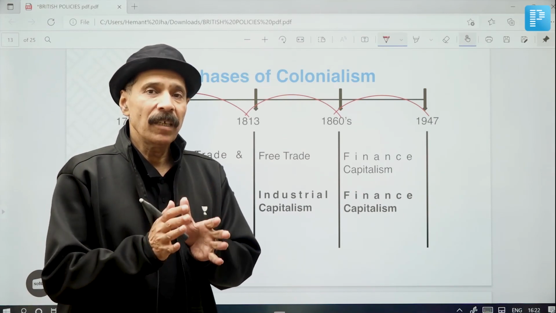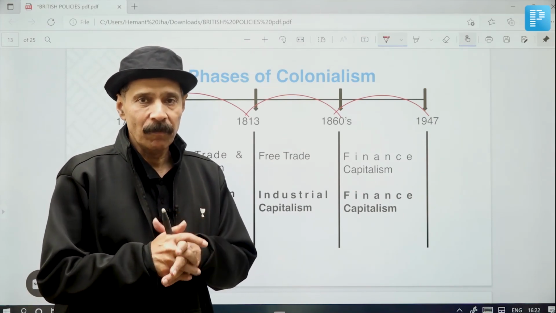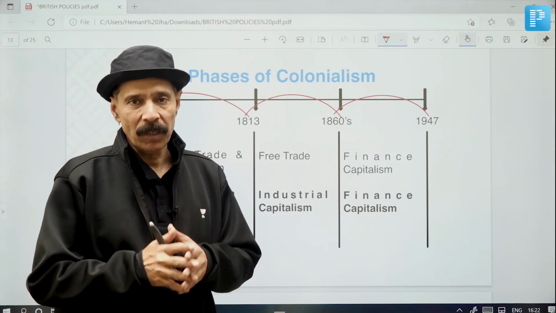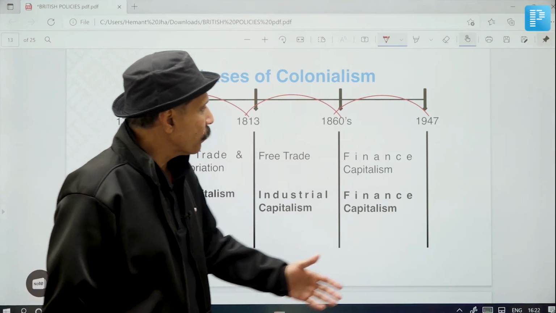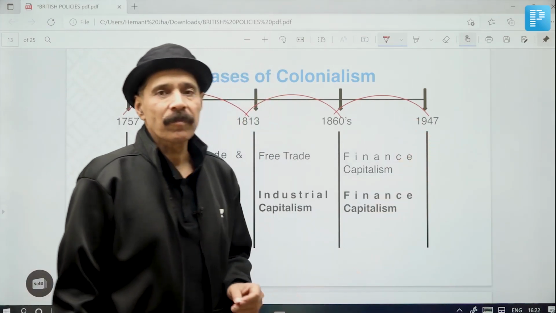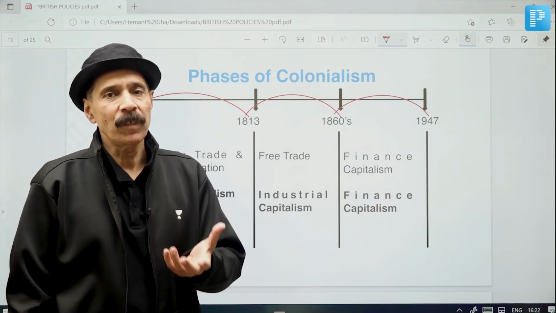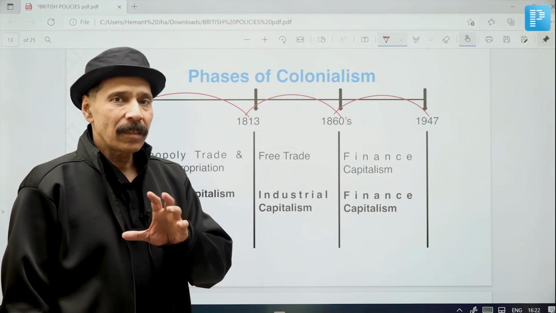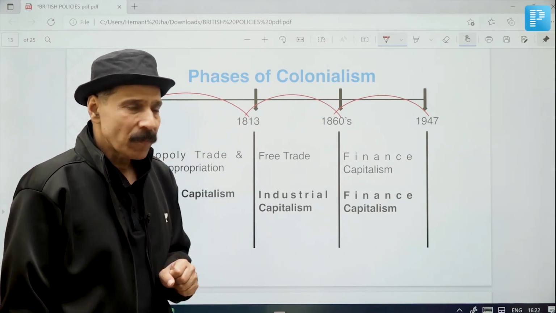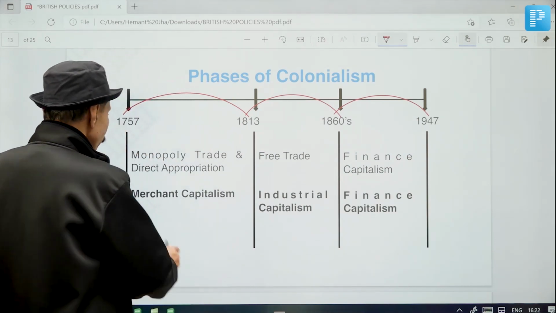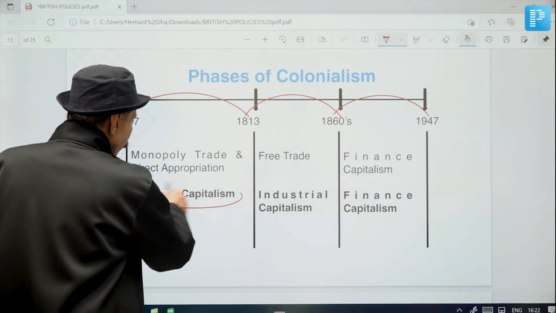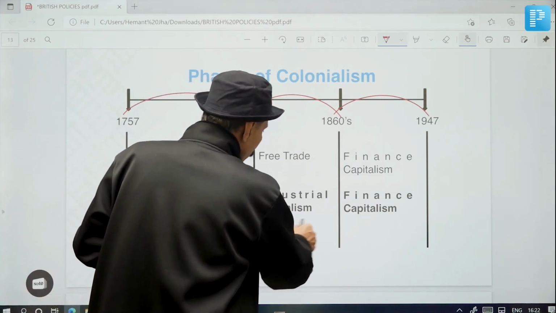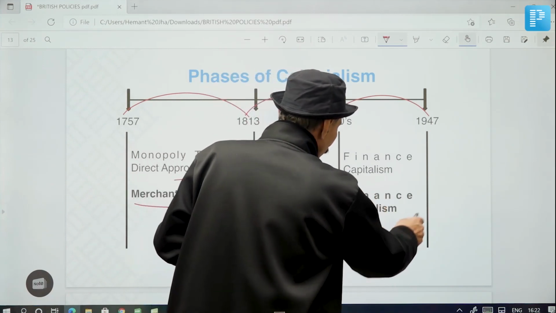Colonialism began in 1757 with British victory in the Battle of Plassey and ended in 1947 with India becoming free. So here 3 terms you are supposed to know, and those 3 terms are merchant capitalism, industrial capitalism, and finance capitalism.